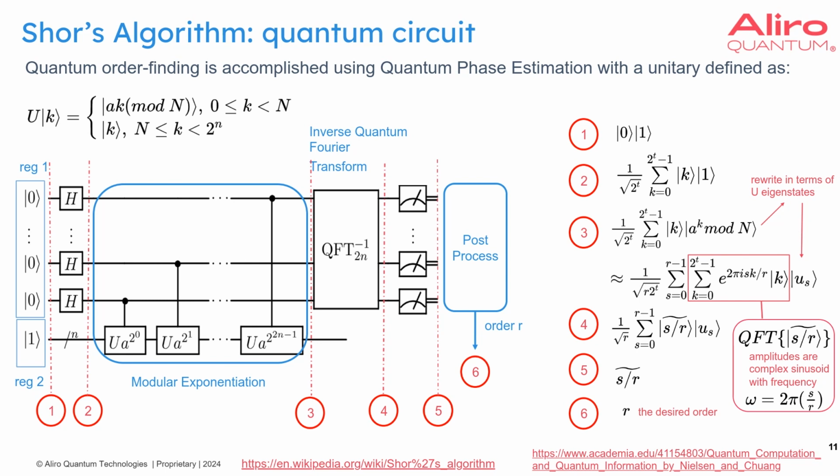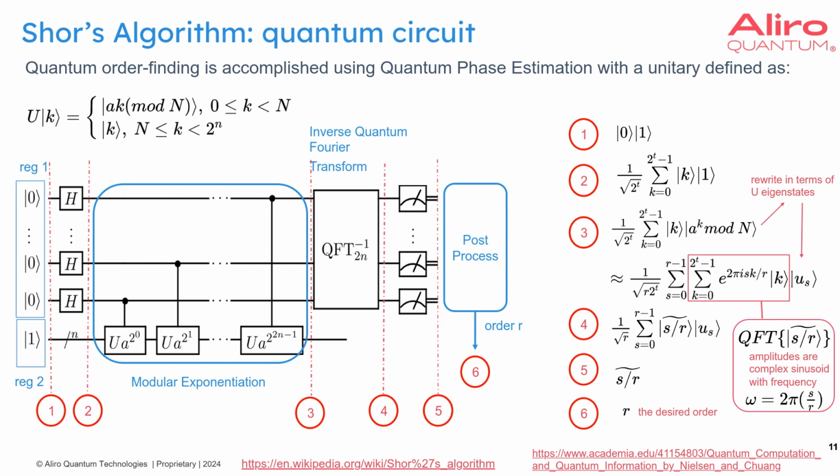As this index register is in superposition, values in that superposition control these unitary operations. And the net effect is that in the lower register, register 2, we are computing this modular exponentiation function, except all of those values exist in superposition. This is on the right-hand side showing the algorithm itself, step 3. This lower register is the ket state on the right. We're computing this a to the k mod n function.